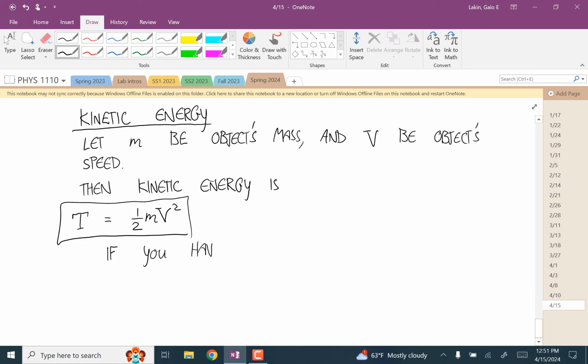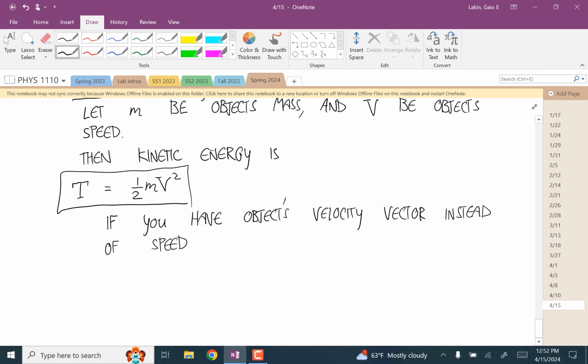If you have the object's velocity vector instead of its speed, you can do this exact same calculation as T is equal to 1/2 times the mass times the x component of velocity squared plus the y component of velocity squared.